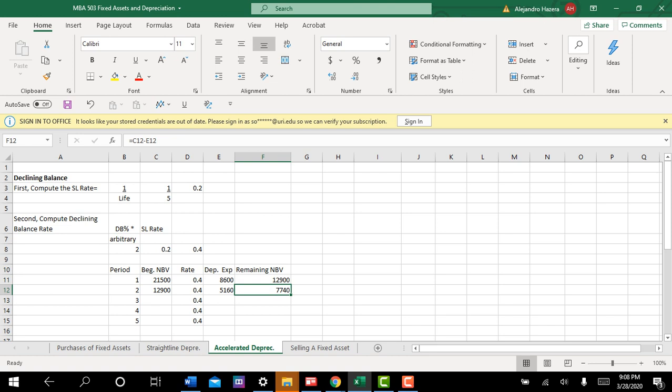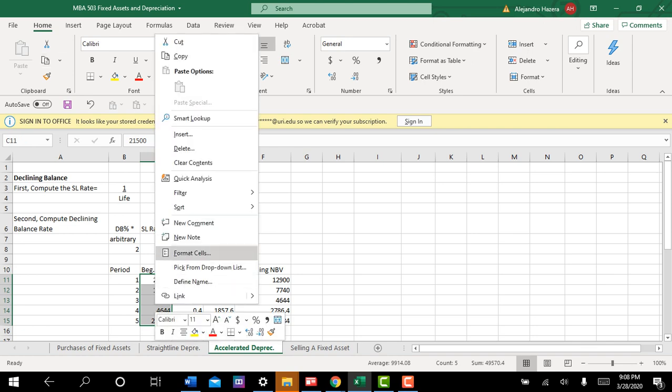Okay, so now we can finish this table, I believe, just by copying down to here. And yes, that works. Okay, and I'm going to go ahead and put these in dollars just to make sure that we're labeling everything correct.